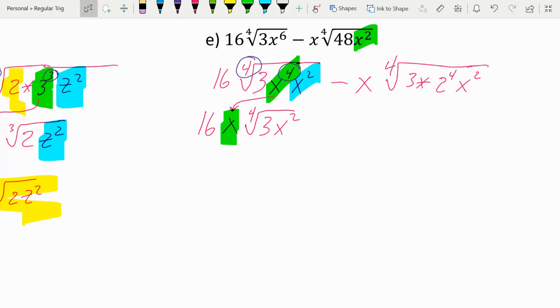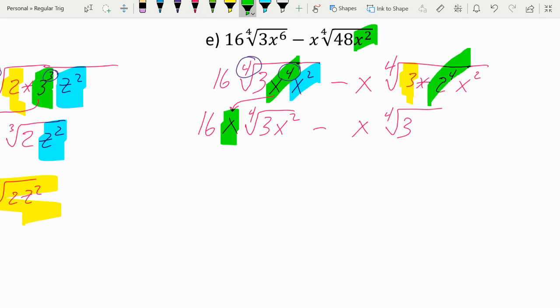Again, because it has an exponent of 2, I needed an exponent of 4 to drag it out. Minus. There's my x. There's my fourth root. Can I do anything with this 3? No. So it stays underneath.